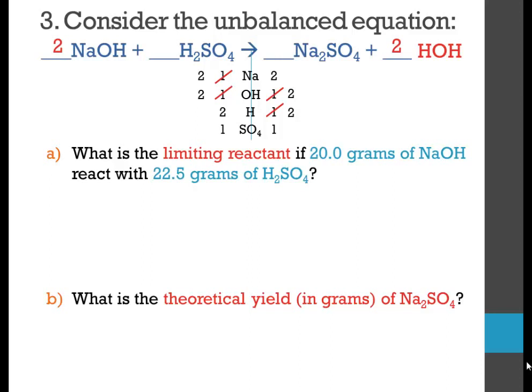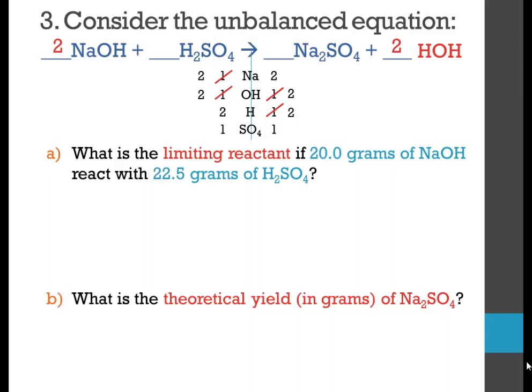I would also like to point out that the next question is asking for the theoretical yield in grams of sodium sulfate. So again, whenever we're doing these limiting reactant calculations, you just pick a product. Now I'm going to very intentionally choose sodium sulfate as my product because the next question asks me about sodium sulfate. I'm also going to take my calculation all the way to grams.